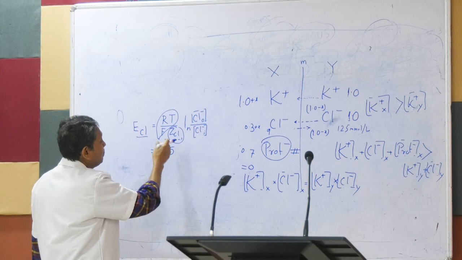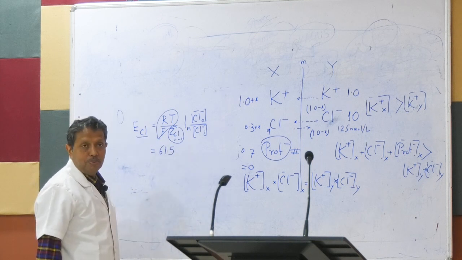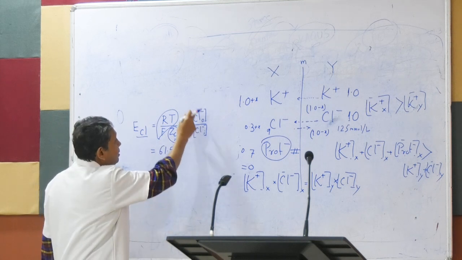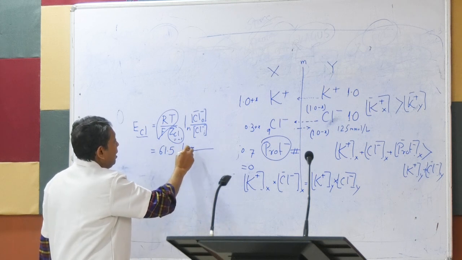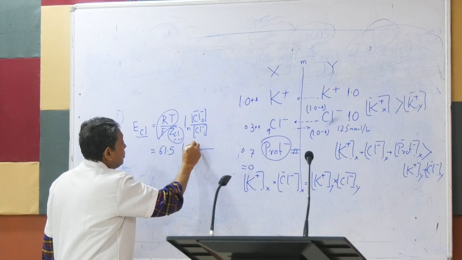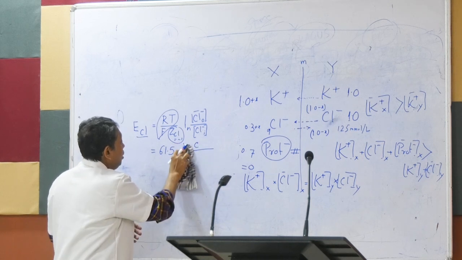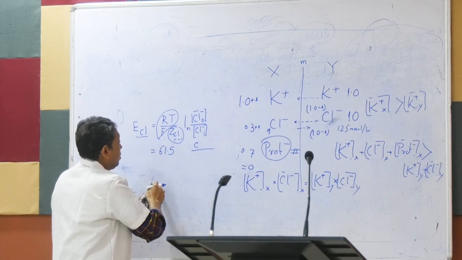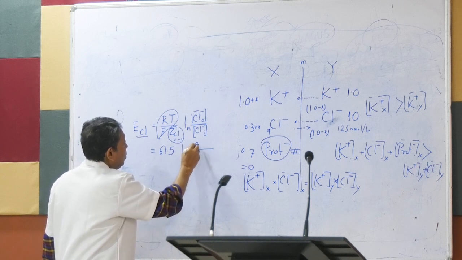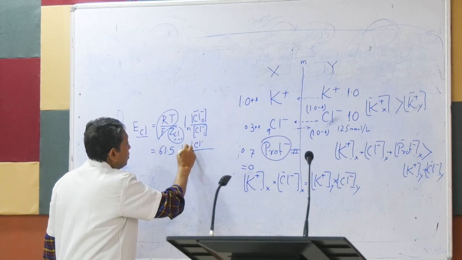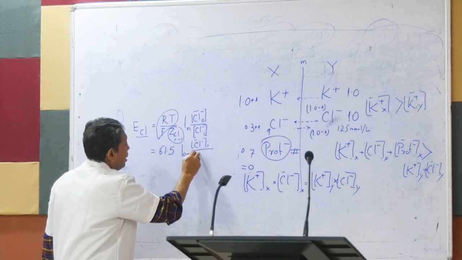If you avoid this negative value, then it is the log, Nernst law, Nernst law. Then chloride concentration inside divided by chloride concentration outside.